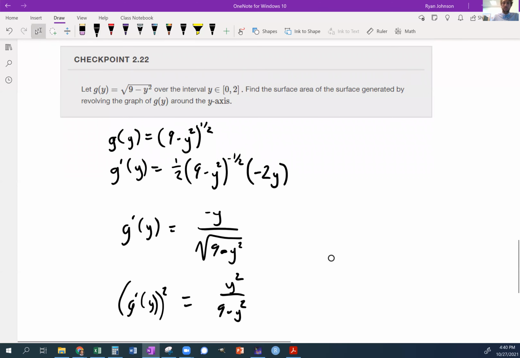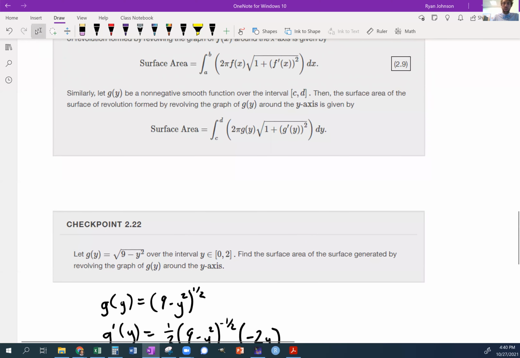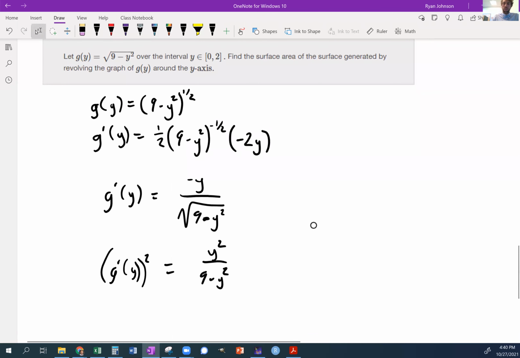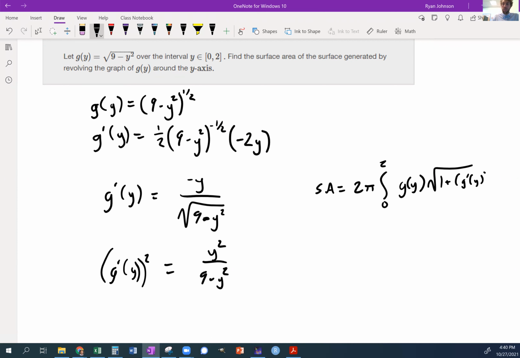Okay, so then my formula is 2 pi times g of y times the square root of 1 plus that. So surface area equals 2 pi integral from 0 to 2 of g of y times the square root of 1 plus g prime of y squared dy. Sometimes writing the formula with some things put in is a nice intermediate step.